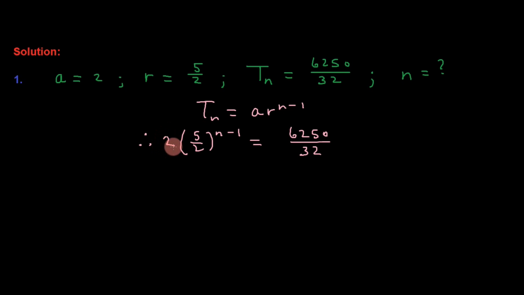We can divide by the 2 on the right hand side. So that's 6250 over 32. Dividing by 2 is the same as multiplying by a half.